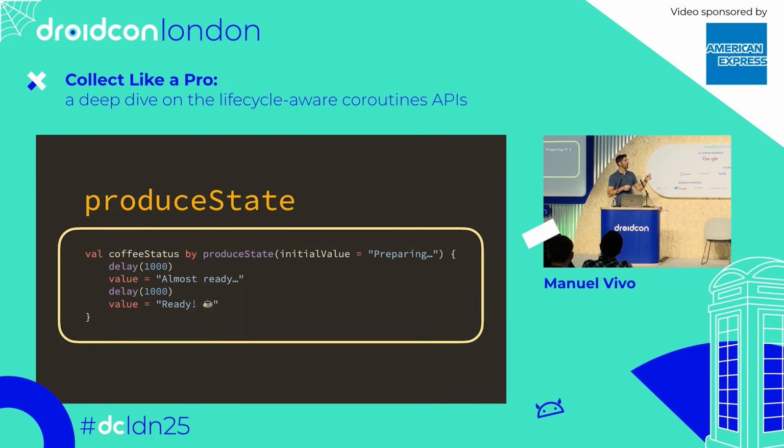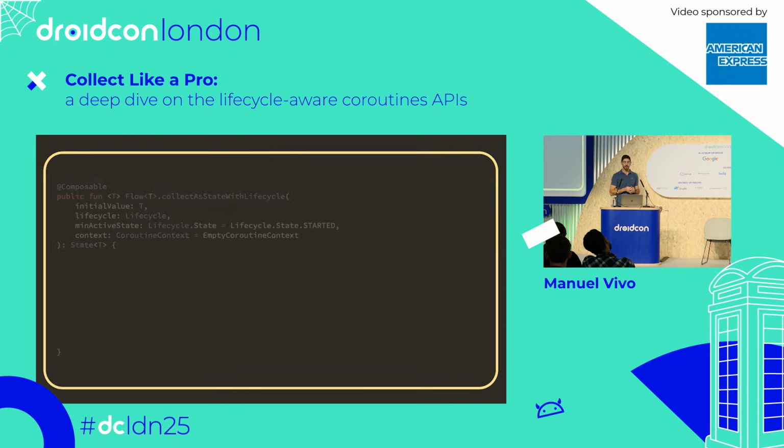So probably you know how this works. With produceState, every time that you give a new value to the value parameter, it's going to update the Compose state, and it's going to cause a recomposition in that particular composition scope. Cool. So collectAsStateWithLifecycle.